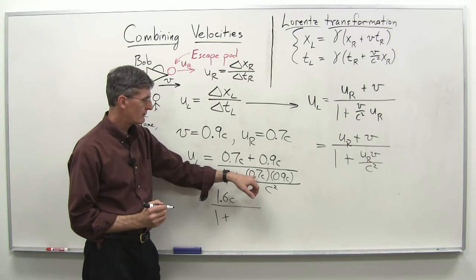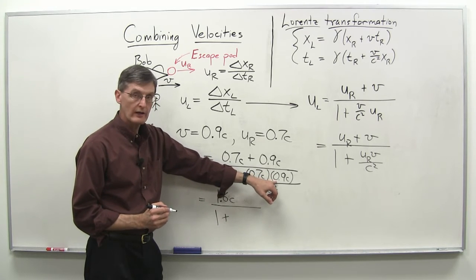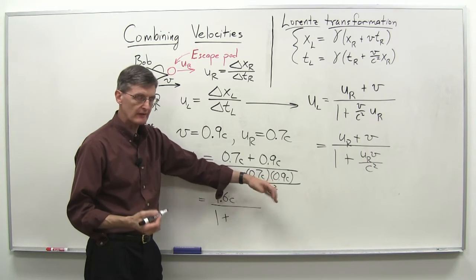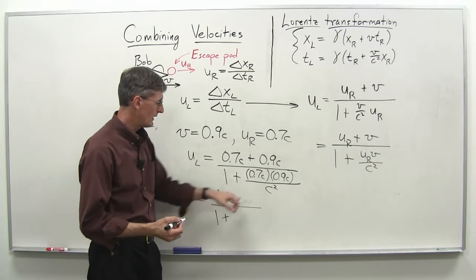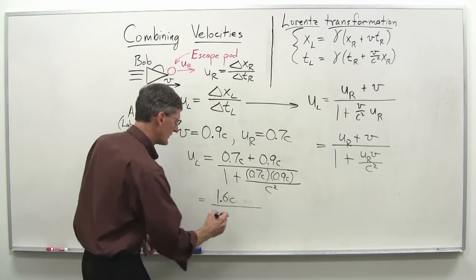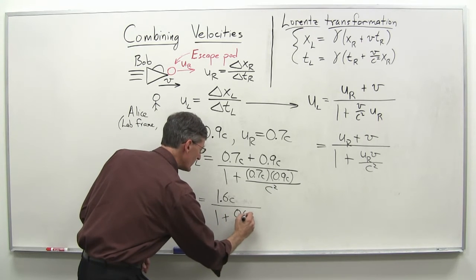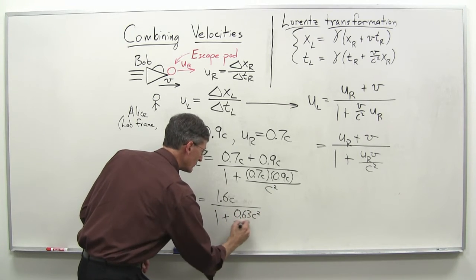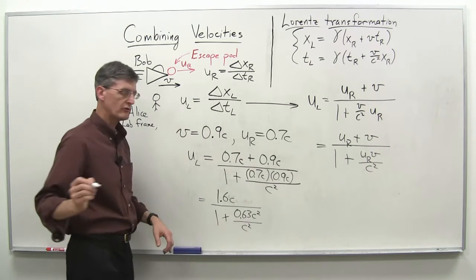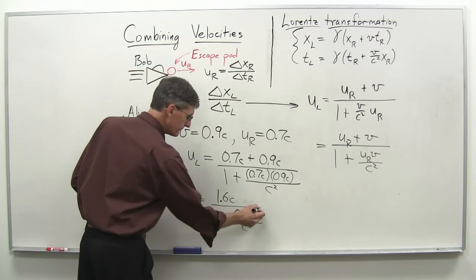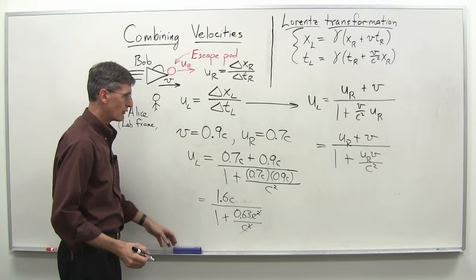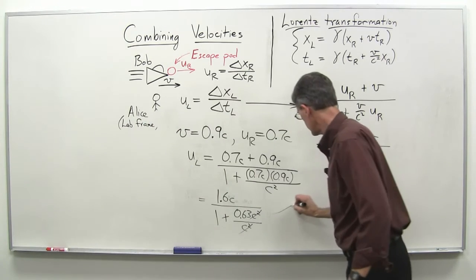That's 0.7 times 0.9, which is 0.63. 9 times 7 is 63, and you get the decimals in there. So it's 0.63, and I've got a c squared there, so 0.63 c squared all over c squared. The c squareds, of course, cancel.